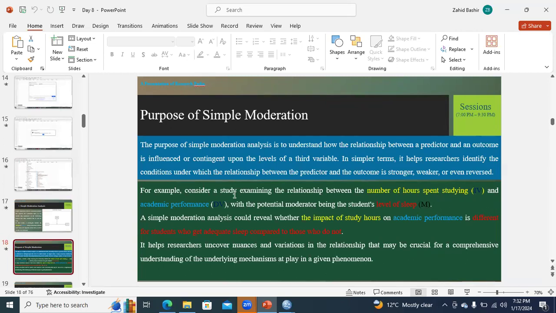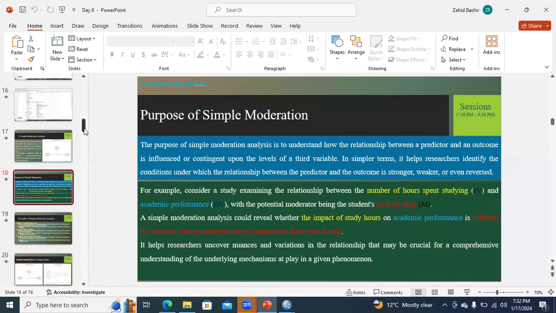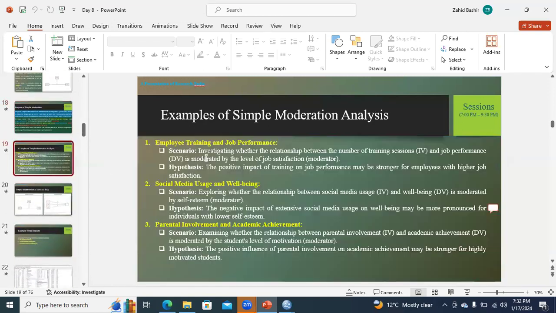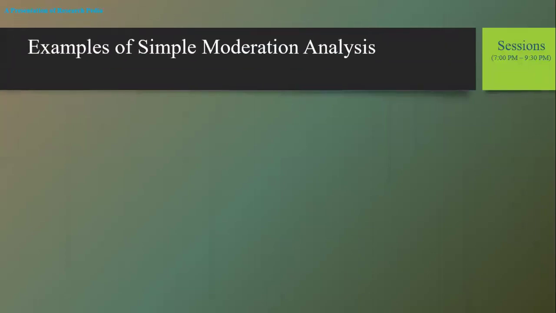So how can we apply the simple moderation analysis? Let us start by learning from examples. I have just verified some examples through which we can understand moderation analysis more deeply.